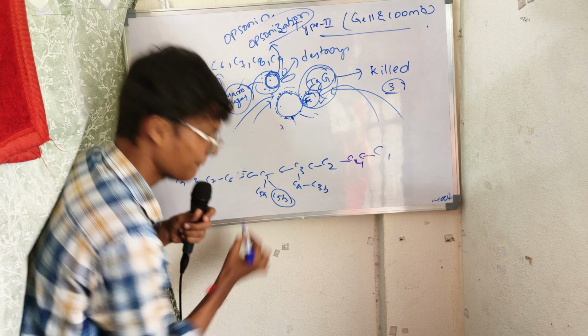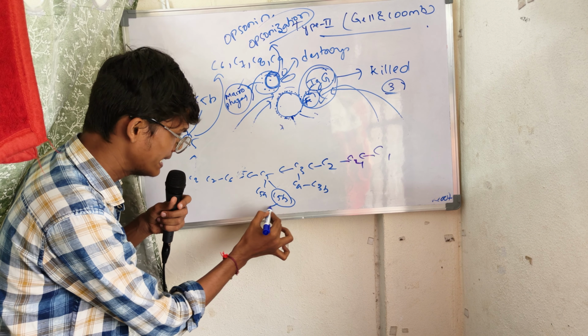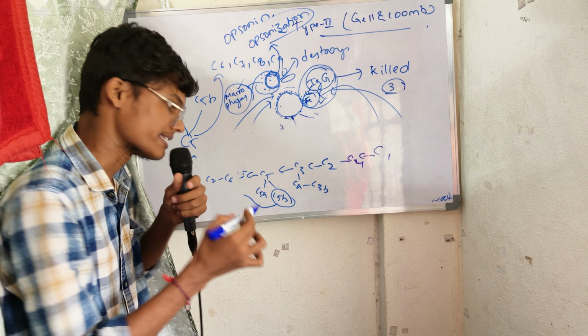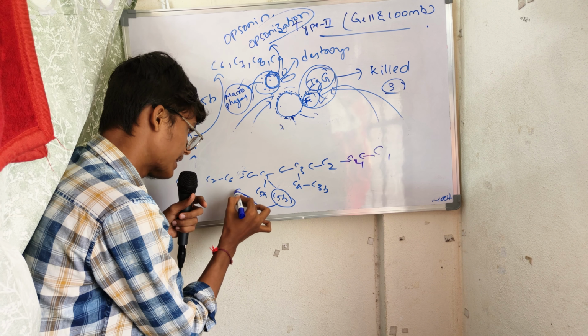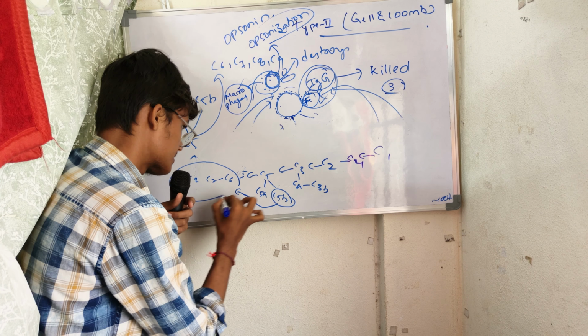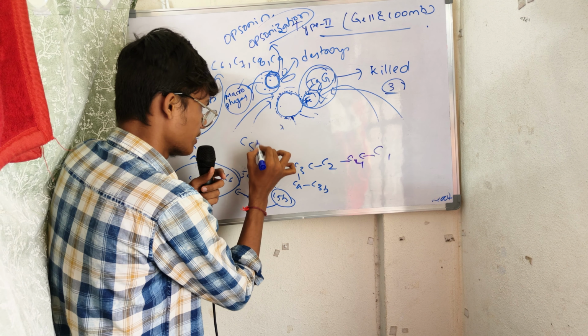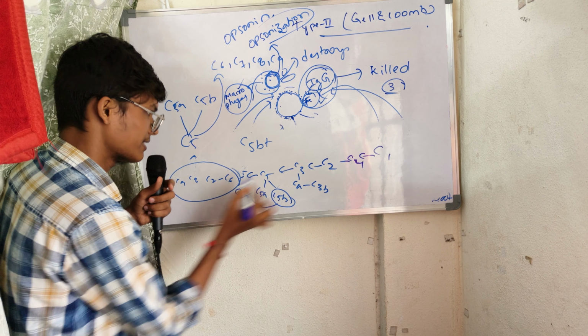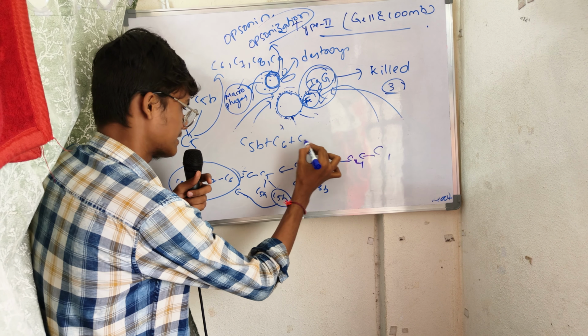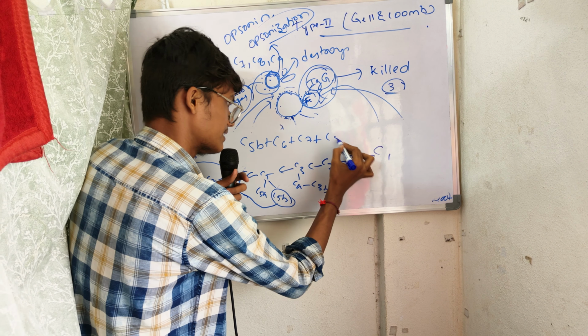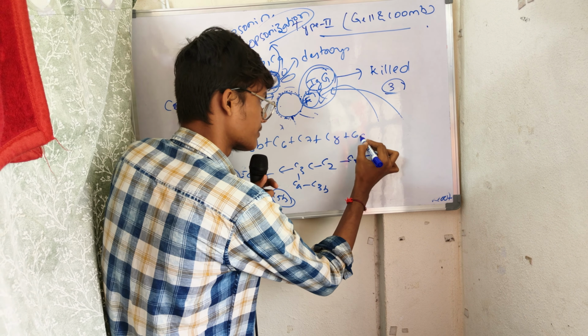This C5b initiates one more mechanism by combining with all of these. That means C5b plus C6, C7 plus C8 plus C9.